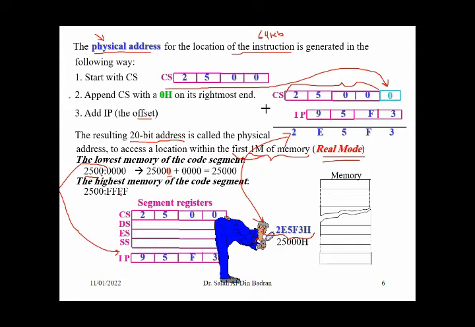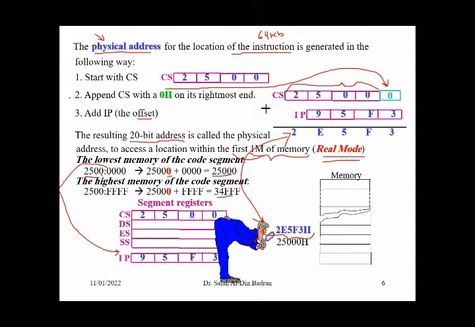This is why we took this as the beginning address and this as the ending address. And we will see the relationship with our offset here, the real offset.